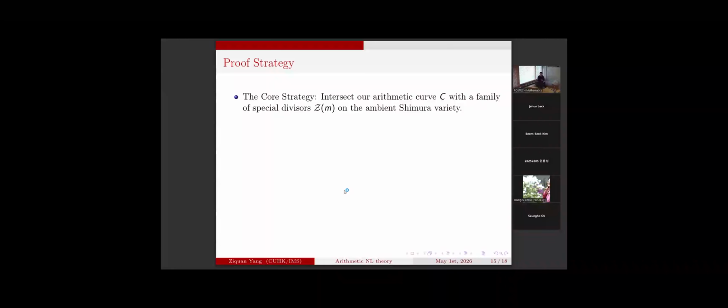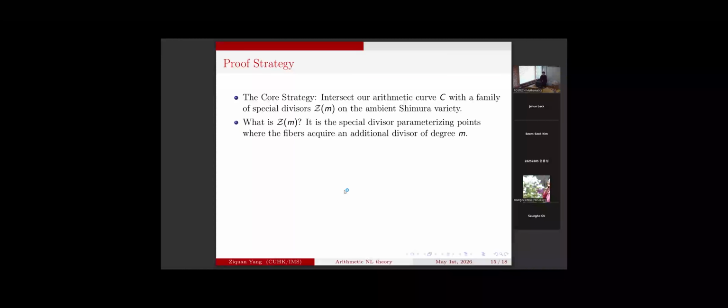Okay, so now let me say a word on the core strategy of proving things like this. The main point is to intersect your arithmetic curve with a family of special divisors Z_m indexed by m on your target Shimura variety. So what is Z_m? It is a special divisor that parameterizes points where the fibers acquire an additional divisor of degree m.